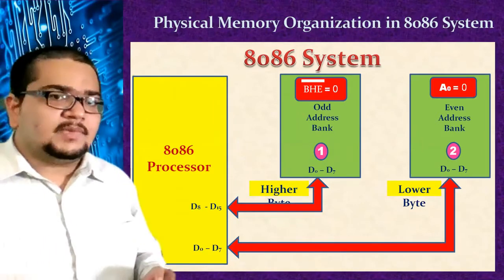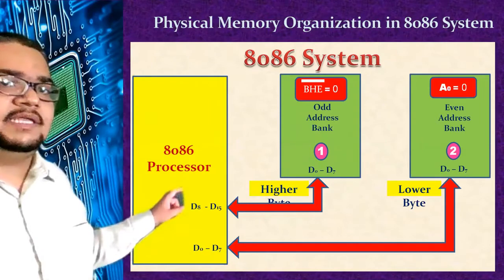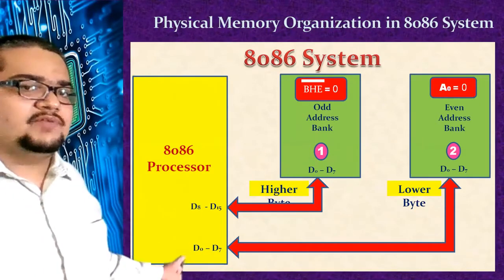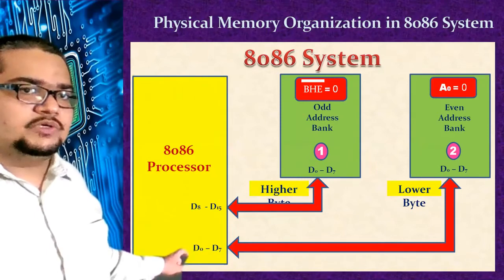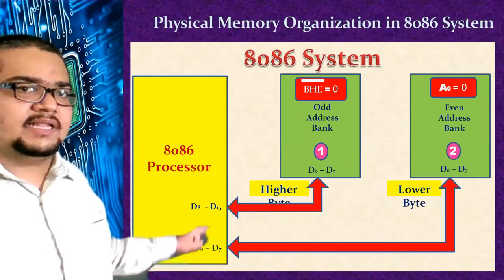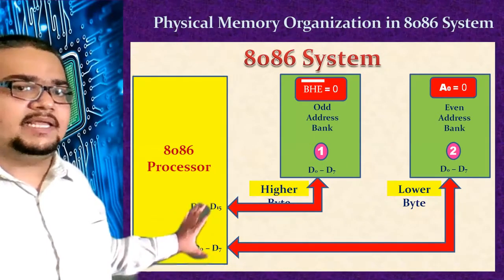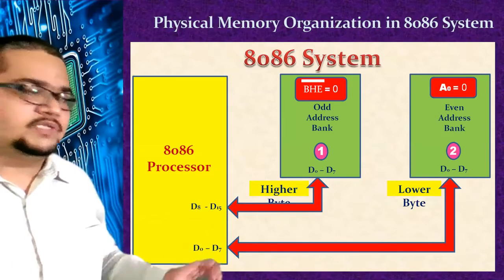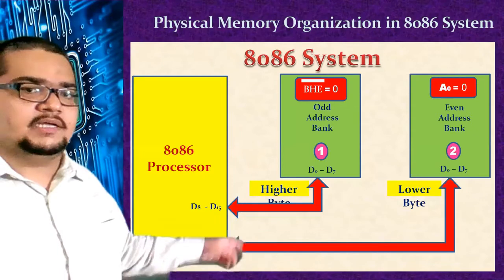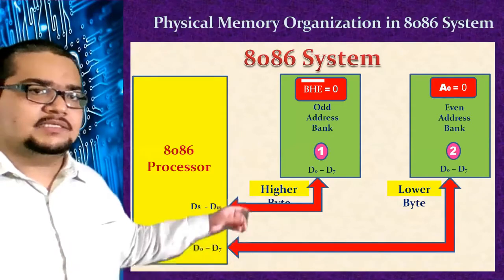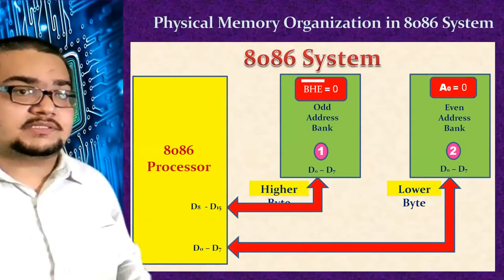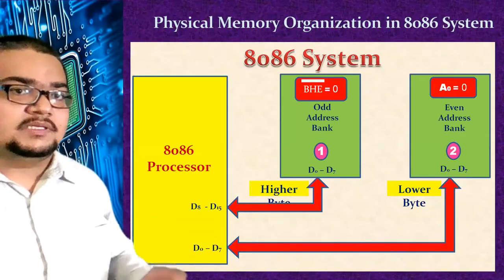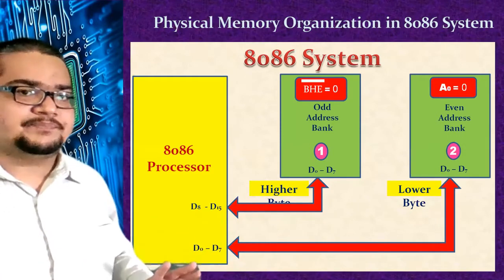Now, here in the processor, you can see D8 to D15, and here we have D0 to D7. So D0 till D7, then D8 to D15, completely 16 bits of data lines are there. These two red buses, these two red color lines, are our data bus. 16 bits of data bus are there.